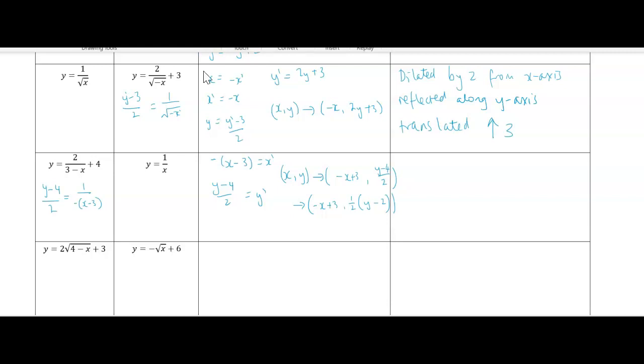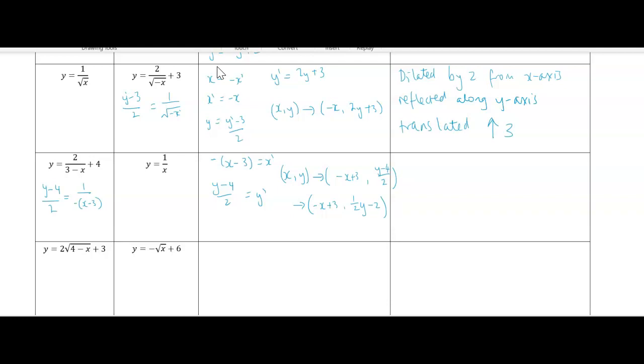Actually, still thinking. I'm going to expand that bracket. So we have a half y. Let's just make that a bit clearer. Okay, so a half y. All right, so I'm separating the two terms on the numerator. So the half y, and then minus 4 over 2, which is just minus 2. All right, we'll write it like that.